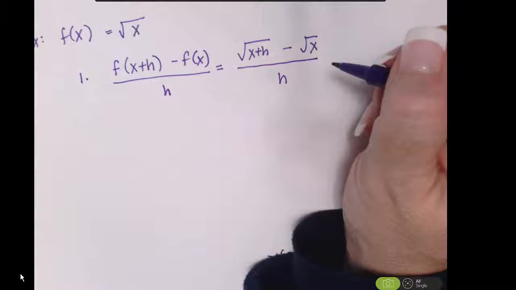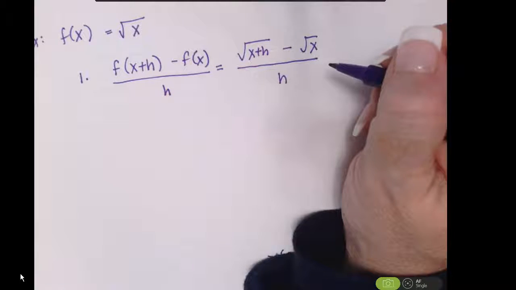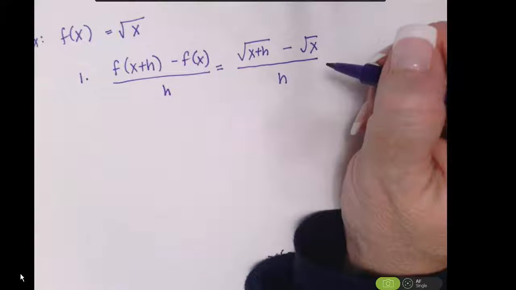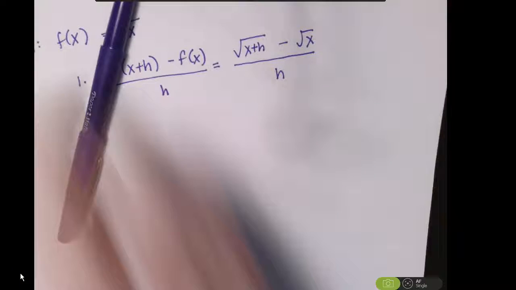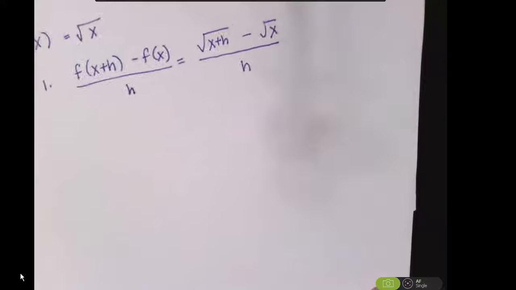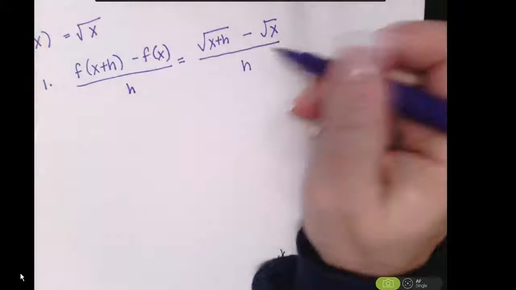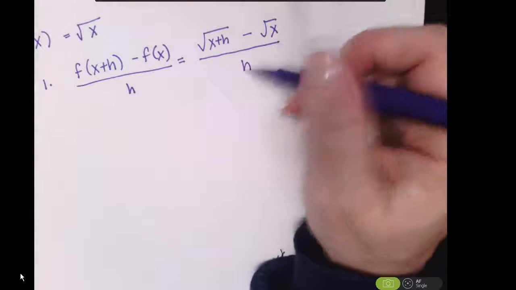And I see that I want to rationalize the numerator. Okay, so the question that I want to be able to explain to you guys is, why do I need to rationalize the numerator? Normally we're rationalizing a denominator.